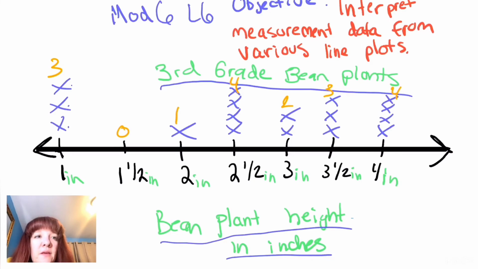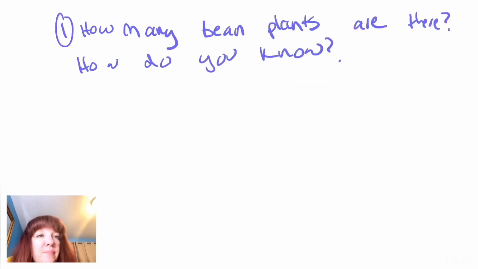3 plus 1 is 4. 4 plus 4 is 8. 8 plus 2 is 10. 10 plus 3 is 13. 13, 14, 15, 16, 17. So let's write that all down.